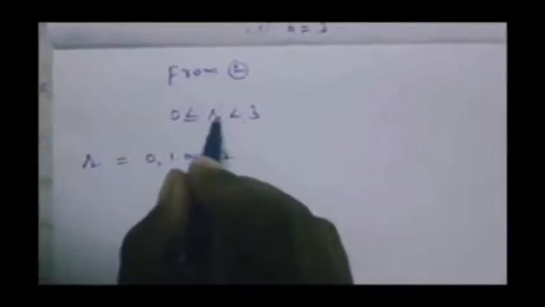From equation number 2, the condition on the remainder is 0 less than or equal to r less than 3. So the possible remainders are 0, 1 and 2.